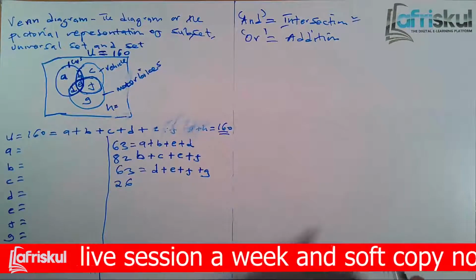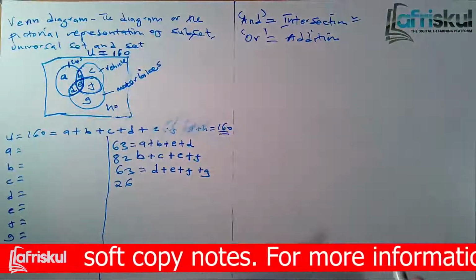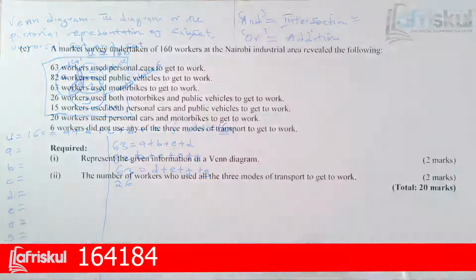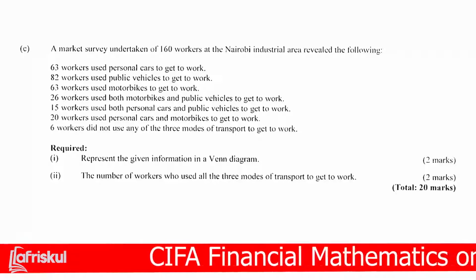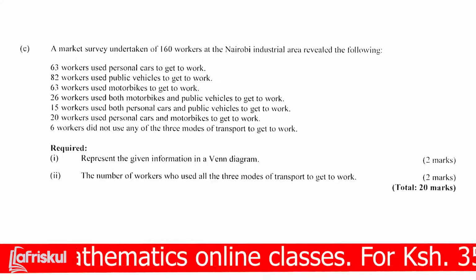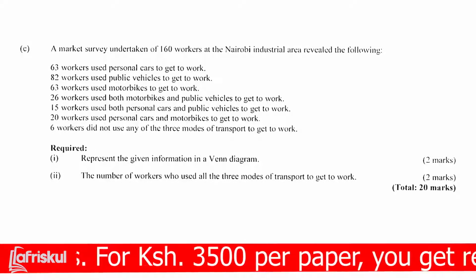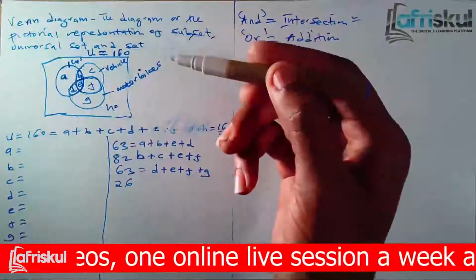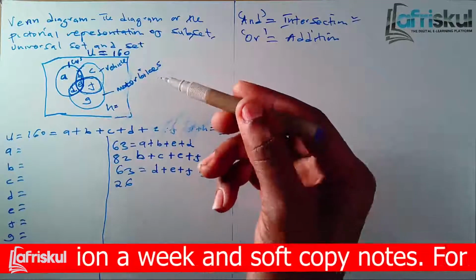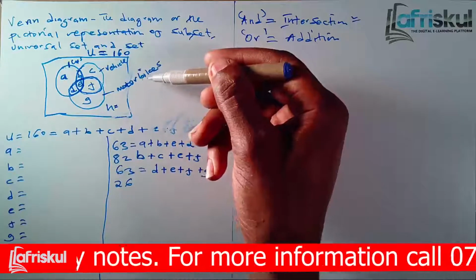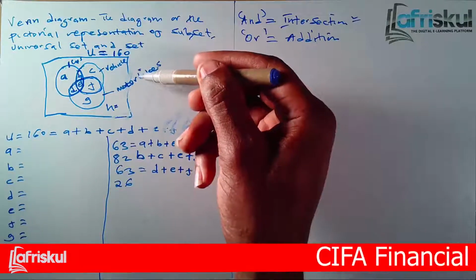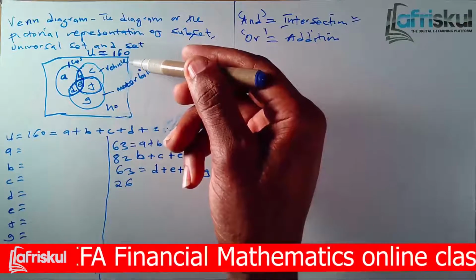So the examiner said that 26 workers used both motorbikes and public vehicle to get to work. You go to your Venn diagram and realize he is saying motorbikes and public vehicles.